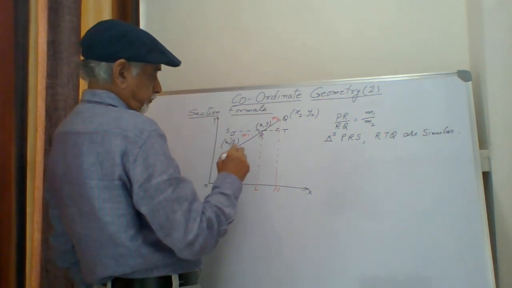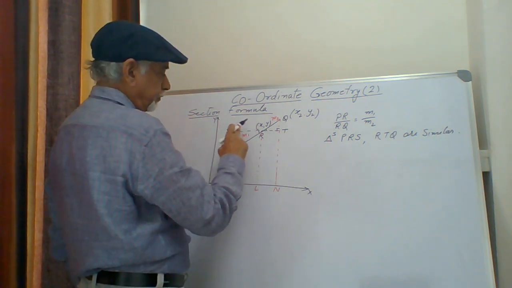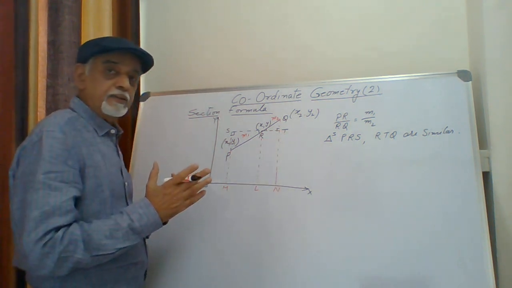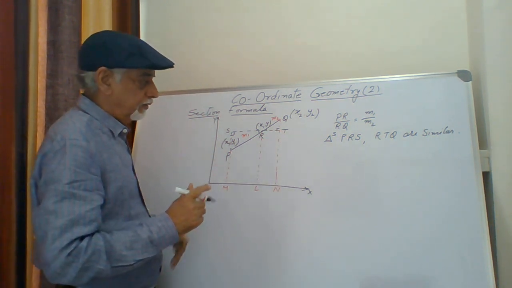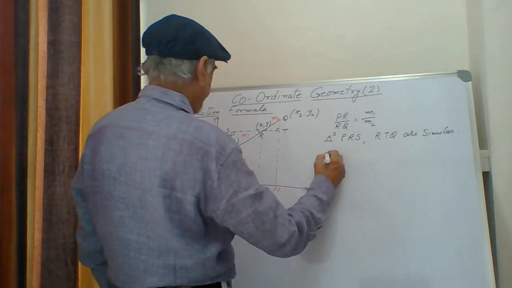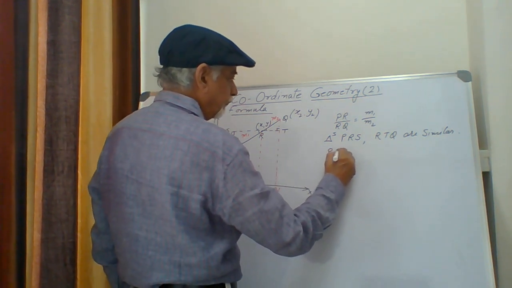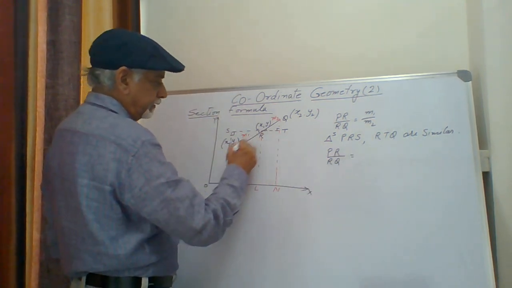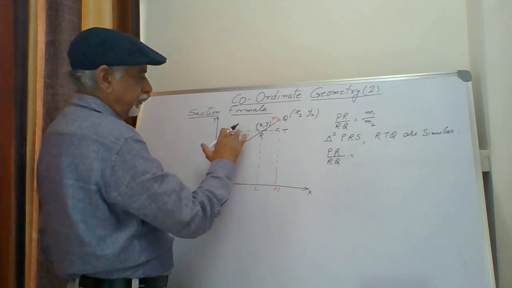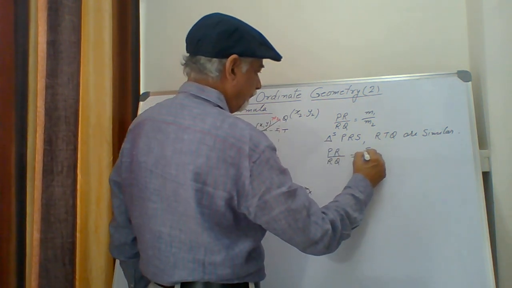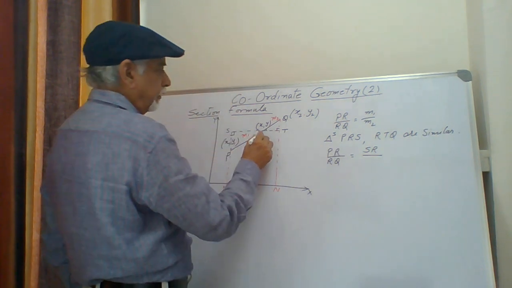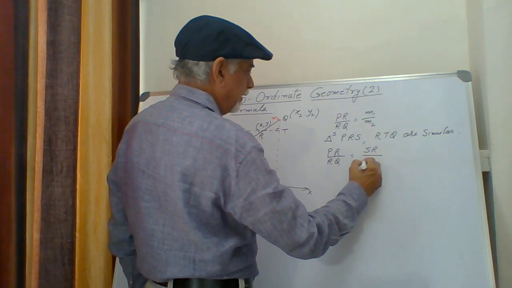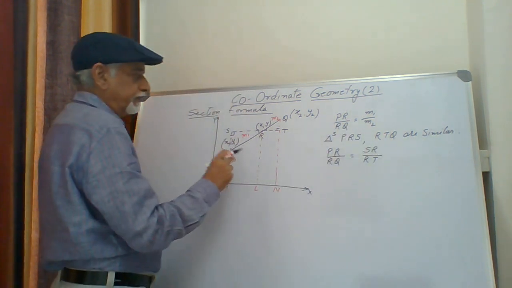Now we will find out the ratio of these two similar triangles as per their sides. If the triangles are similar, the sides will be proportional. What is that meaning? I can write PR is to RQ can also be written as SR, which is the side of this triangle, is to RT, the corresponding side of the other triangle.